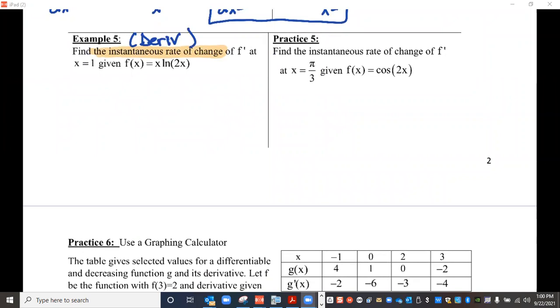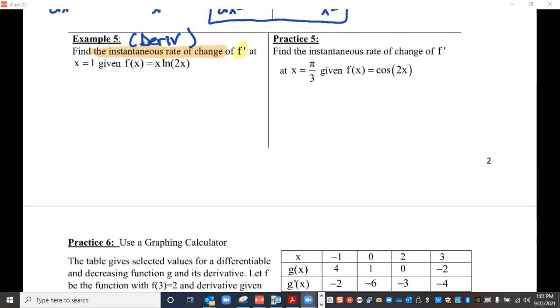Now, be careful and make sure you read very carefully. They're asking us to find the instantaneous rate of change of which particular function. It's not of f, but it's of what? F prime. What we did back in unit 2 was we found the instantaneous rate of change of f, which means we found the first derivative.